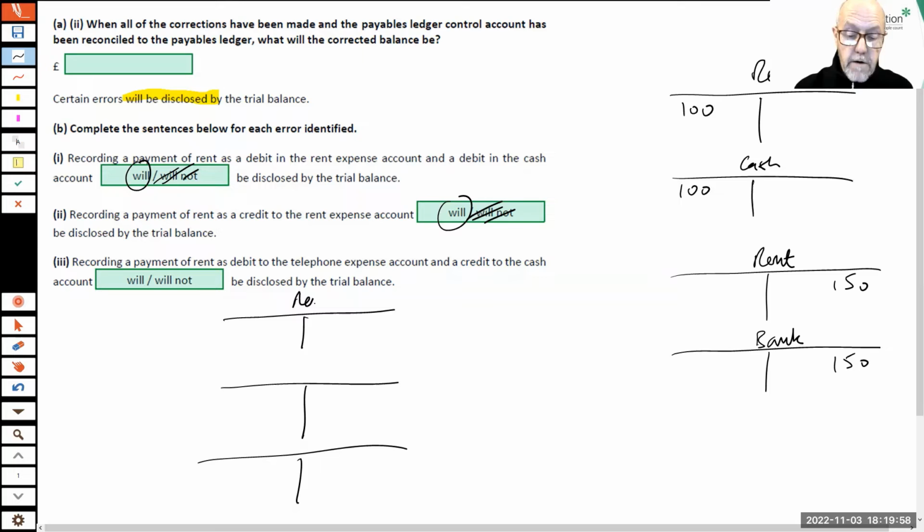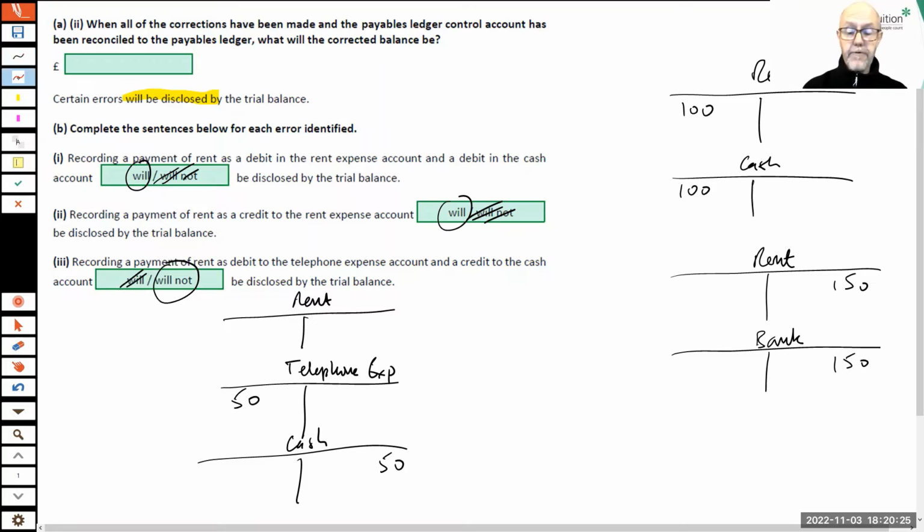So we've got rent, telephone expense, and cash. Let's say it's £50 this time. So we've debited telephone expense, credited cash. Well, is there an imbalance? No. So that is not going to be disclosed.